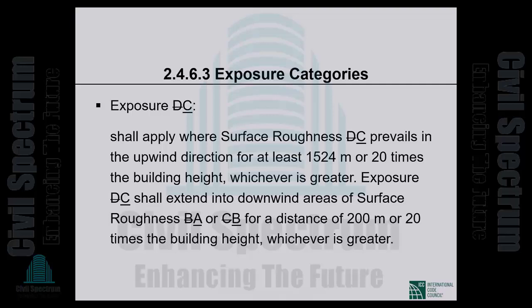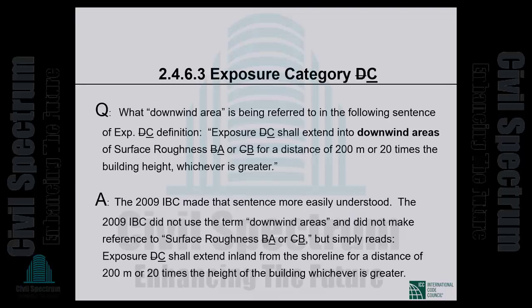So first we say exposure C shall apply where surface roughness C prevails in the upwind direction for at least 1524 meters or 20 times the building height. Then we say exposure C shall extend into downwind areas of surface roughness A or B for a distance of 200 meters or 20 times the building height, whichever is greater.